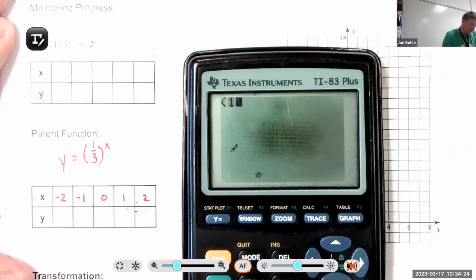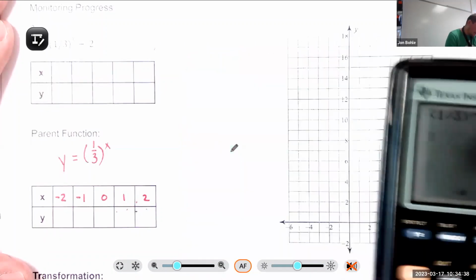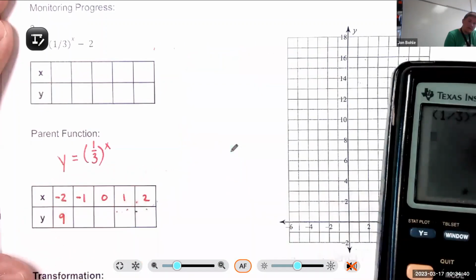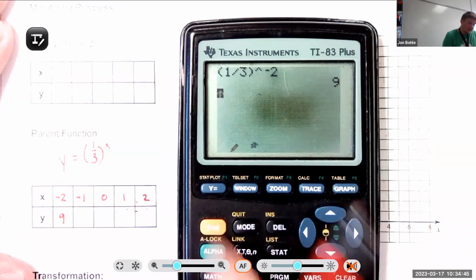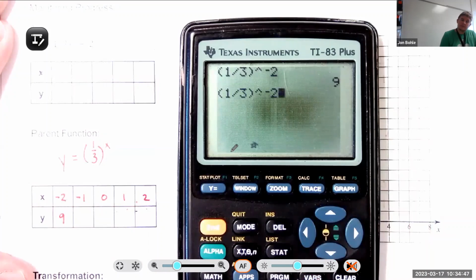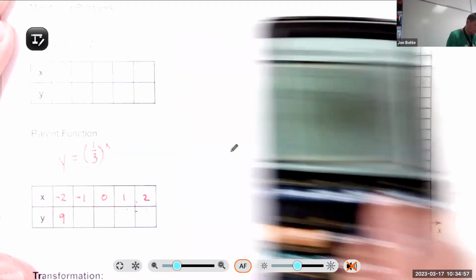So I have to go parentheses here, and then to the -2nd power. I hit enter, and I get 9. Once I plug in -2, I'm going to retype the same thing, but instead of -2 for x, what number am I going to use? -1. I hit enter, and I get 3.